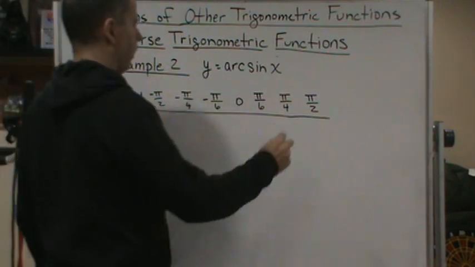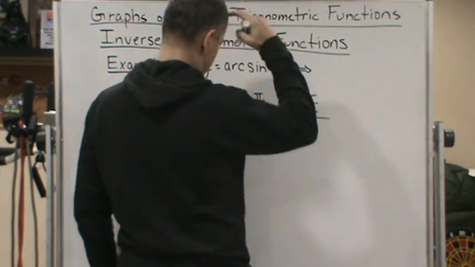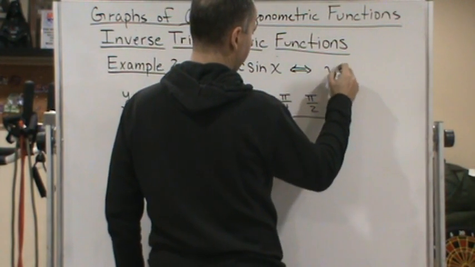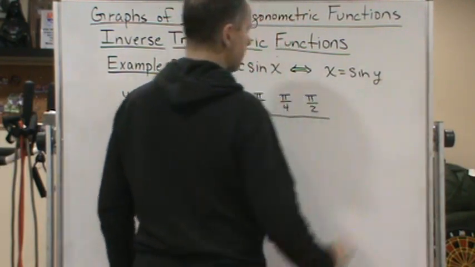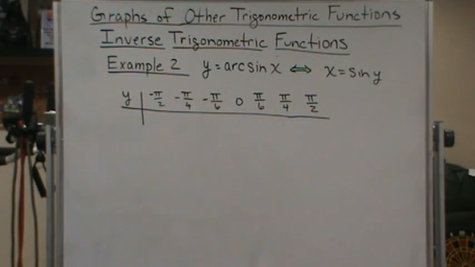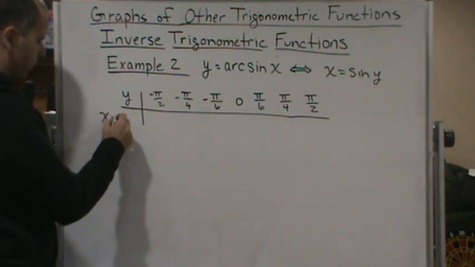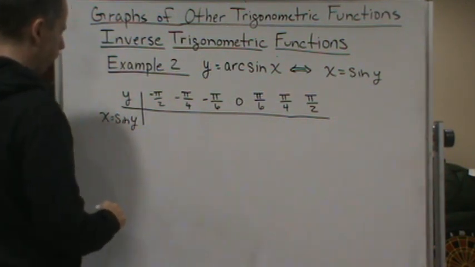So what I'm doing here is I'm going to use the fact that the arcsine function is going to be equivalent to x equals sine y. Okay, so if I put x equals sine y here, right?